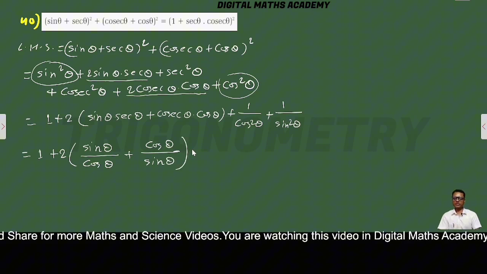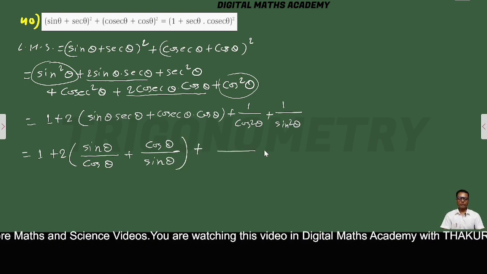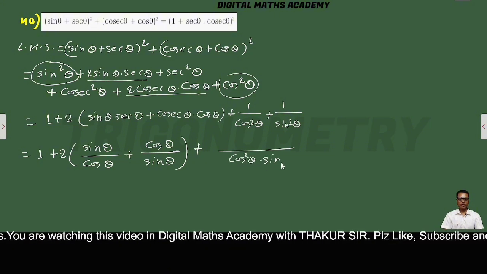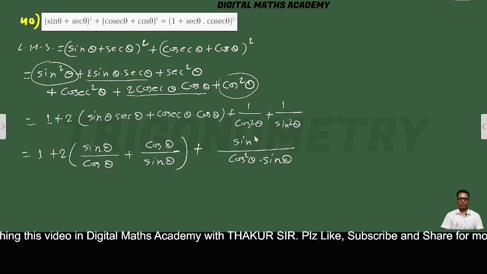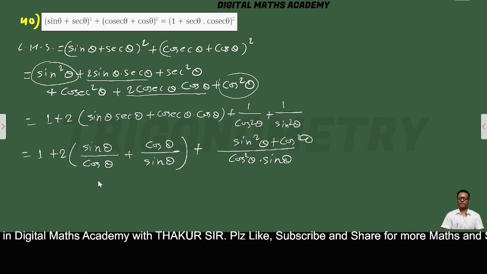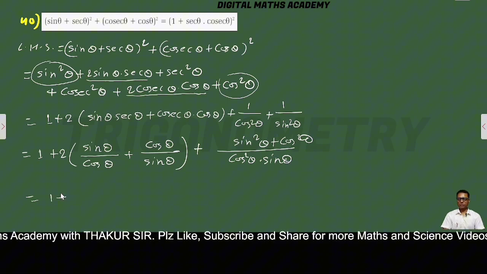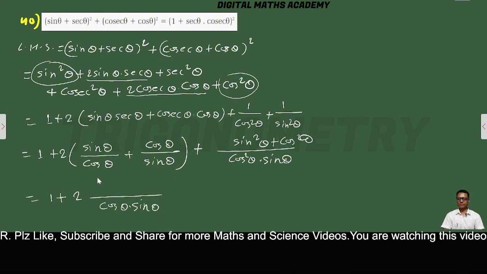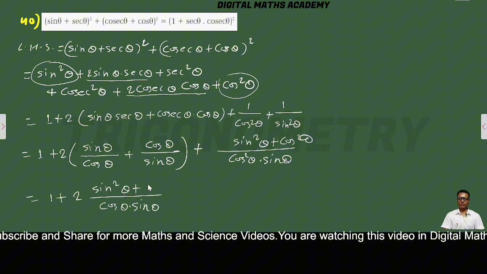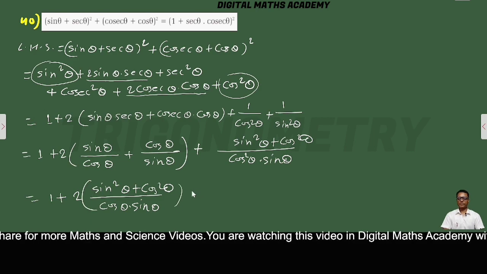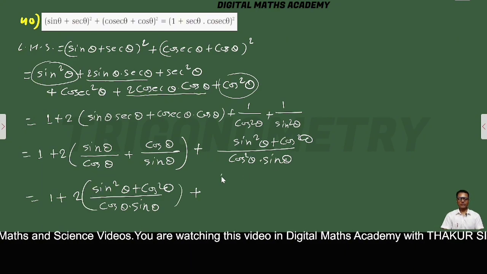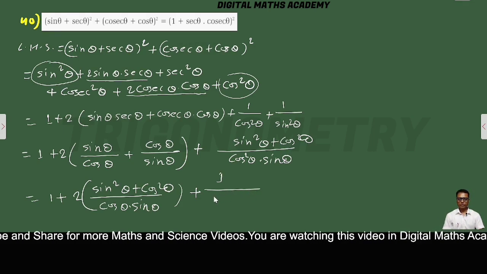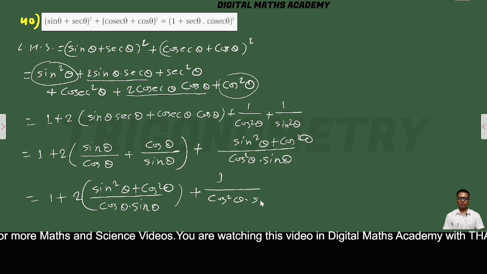So we are going to change sec and cosec into sin and cos, and here we are going to take LCM. LCM will be cos square theta dot sin square theta. So we have here sin square theta plus cos square theta. So just simplification now, 1 plus 2, and here we have cos theta dot sin theta LCM, and we have here sin square theta plus cos square theta, alright, plus sin square theta plus cos square theta equals to 1 over, so at the denominator we write cos square theta dot sin square theta.